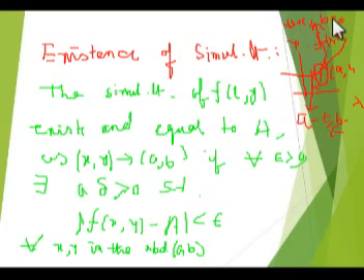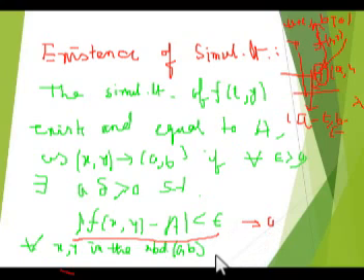In this neighborhood, (x, y) may be in the interval from (a minus epsilon, b minus epsilon) to (a plus epsilon, b plus epsilon). For all the values of (x, y) in the neighborhood of (a, b), the function must have a limit point, or the modulus of the difference must be less than epsilon, tending to 0.